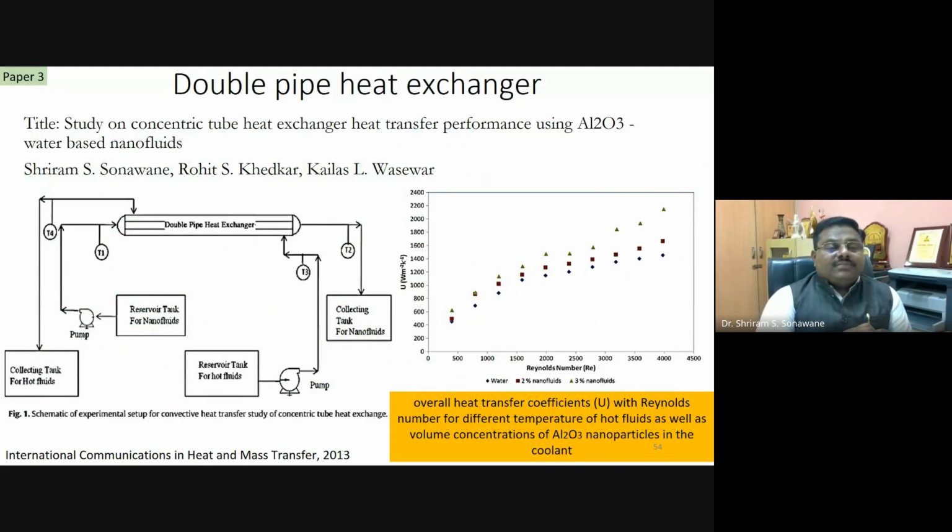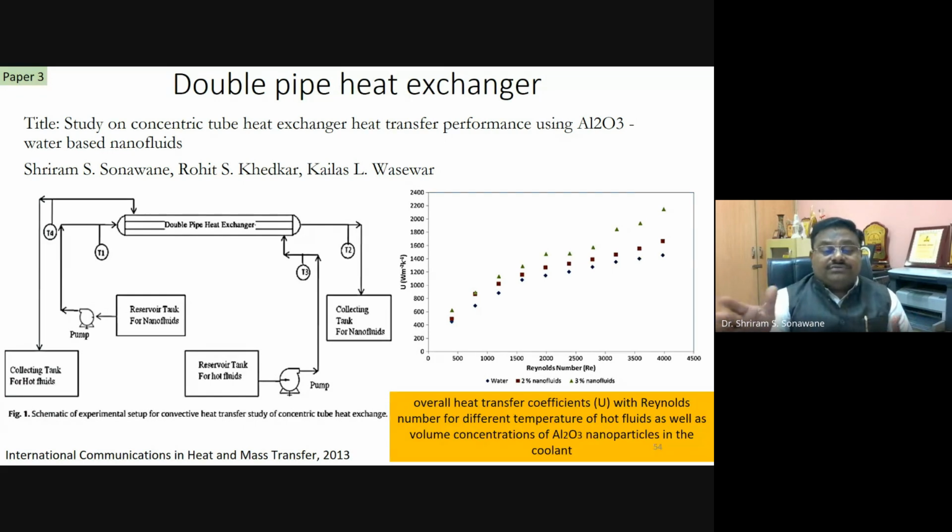This is one of my student's findings. He experimented on a double pipe heat exchanger, because there are several types of heat exchangers we see in the process industry. He ran his aluminum oxide, water-based nanofluid, and found good results for the overall heat transfer coefficient with Reynolds number. As Reynolds number increases, the overall heat transfer coefficient increases, meaning more heat transfer enhancement.